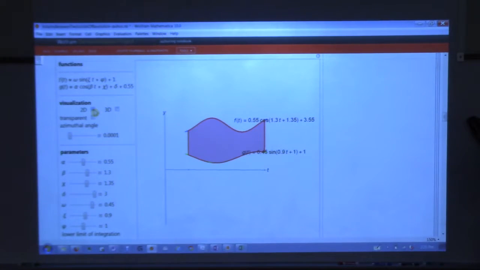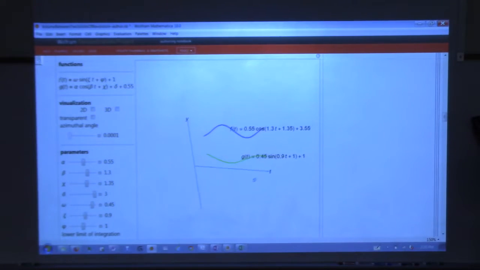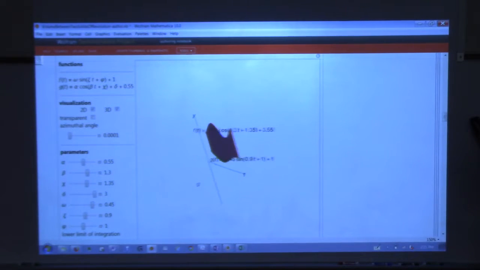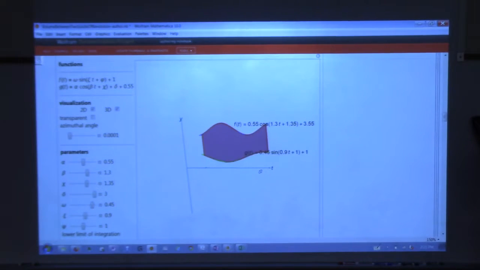But what we're going to do now is we're going to imagine, if we could, that this flat sheet of paper is no longer here, but it's actually living in three-dimensional space. All right? I mean, that's what it is, right? And then we're going to imagine, if we could, taking that area, right there between them, and spinning it around the x-axis.